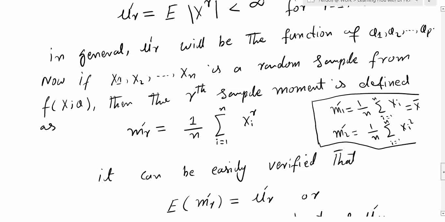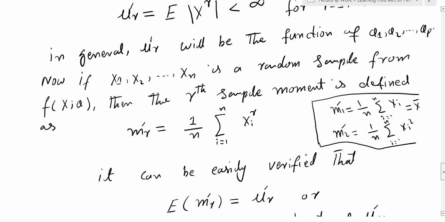Let me explain this for the first two moments. Suppose this is m1 prime. Because I just put r equal to 1, this becomes 1 divided by n, sum over i from 1 to n, of x i power 1. We don't need to write power 1, so this is just the formula of the sample mean, 1 over n sum of x i, which is equal to x bar.